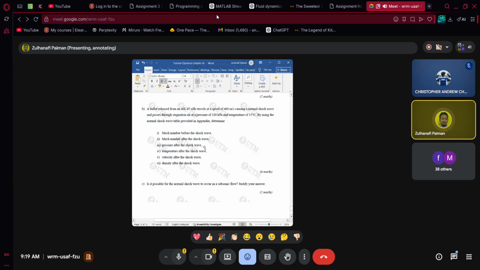This is similar to what we did just now. Also the temperature, velocity after the shockwave, and density after the shockwave. Try to do this one. Use the table.